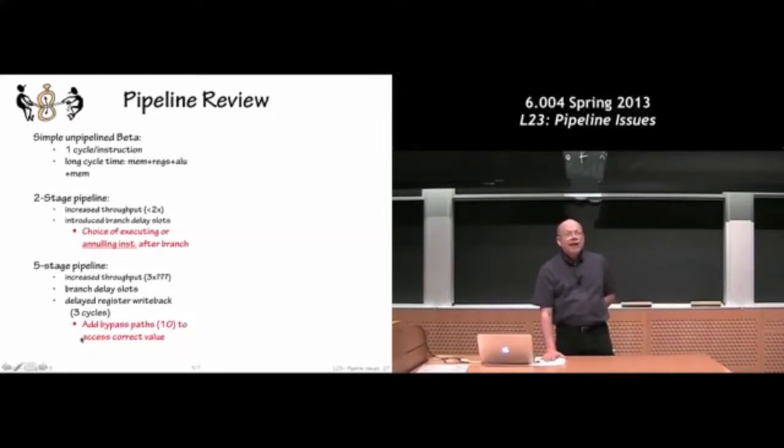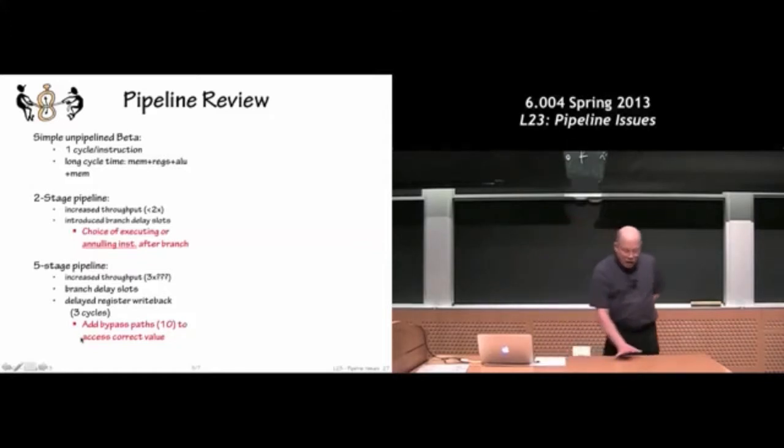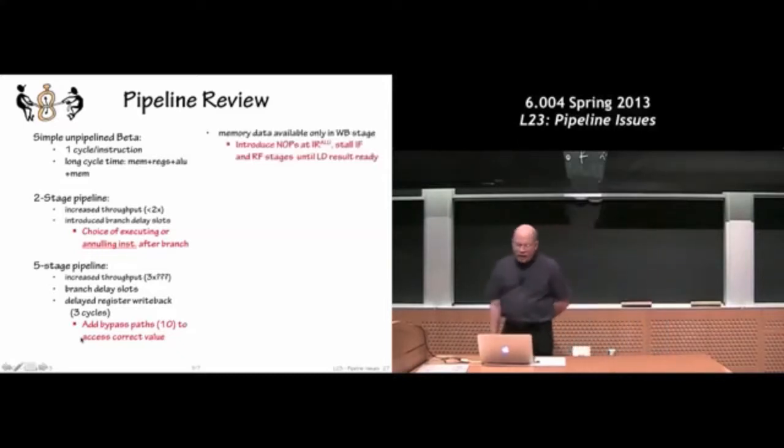So earlier instructions that wanted that value had to get it from other places in the data path, which we could do almost everywhere, except when we wanted memory data in the case of a load instruction. So now we had to start freezing the RF and IF stages and put bubbles in the pipeline, little no-op bubbles that trickle down to the ALU, MEM, and write back stages, until the load gets to the write back stage and we can get the data we want.